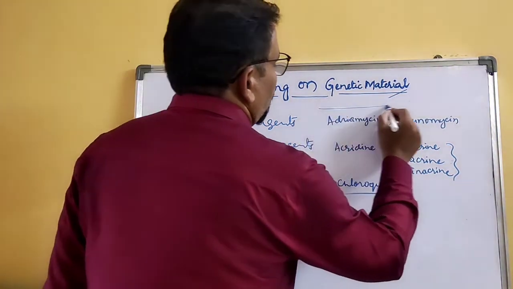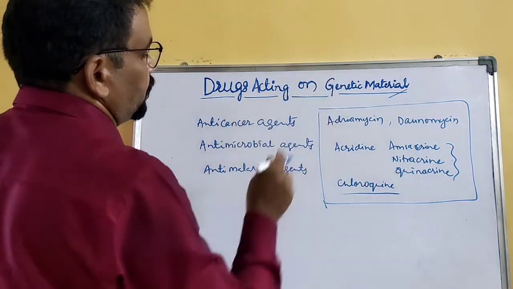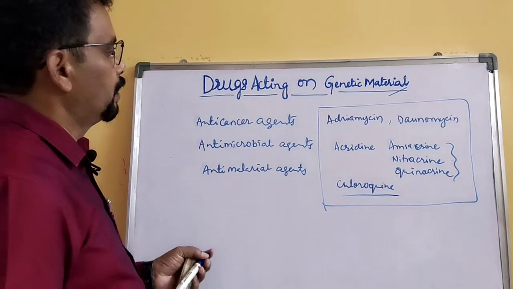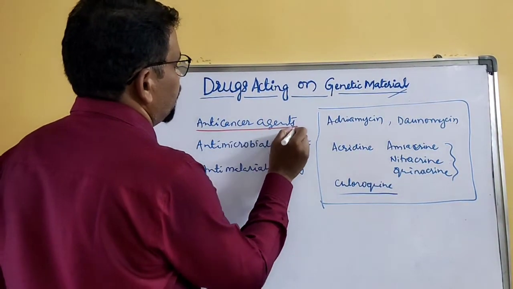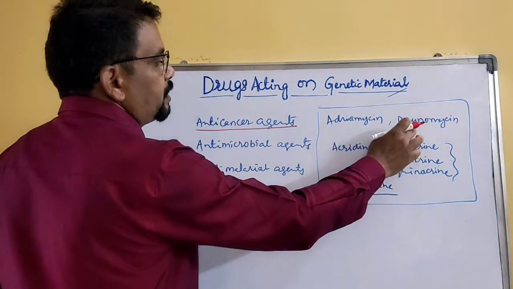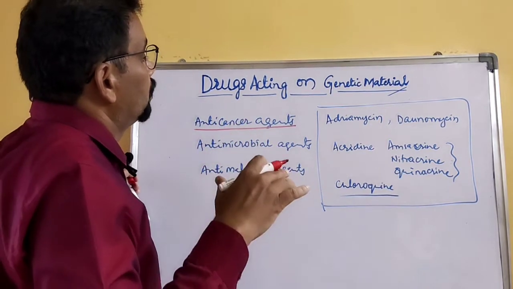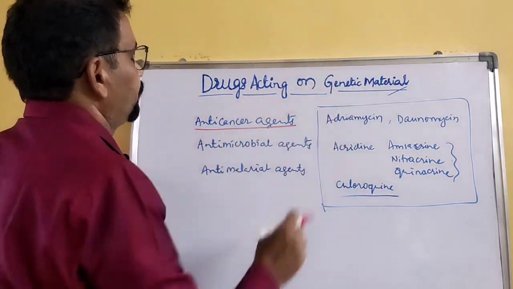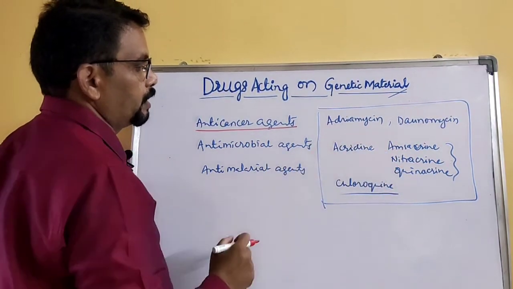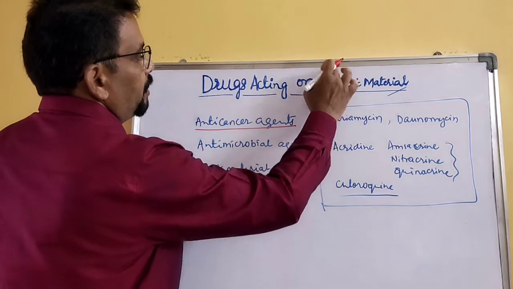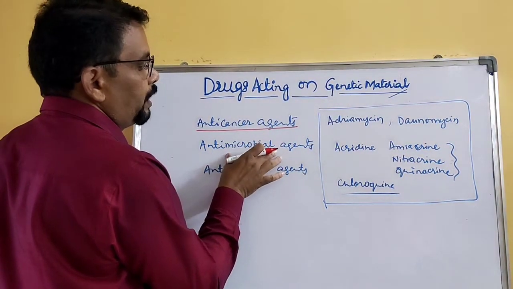These example drugs are acting on genetic material. Adriamycin and daunomycin can act as anti-cancer agents through acting on genetic material. Among antimicrobial agents, examples are amsacrine, nitracrine and quinacrine, which act on genetic material and work as antimicrobial agents.